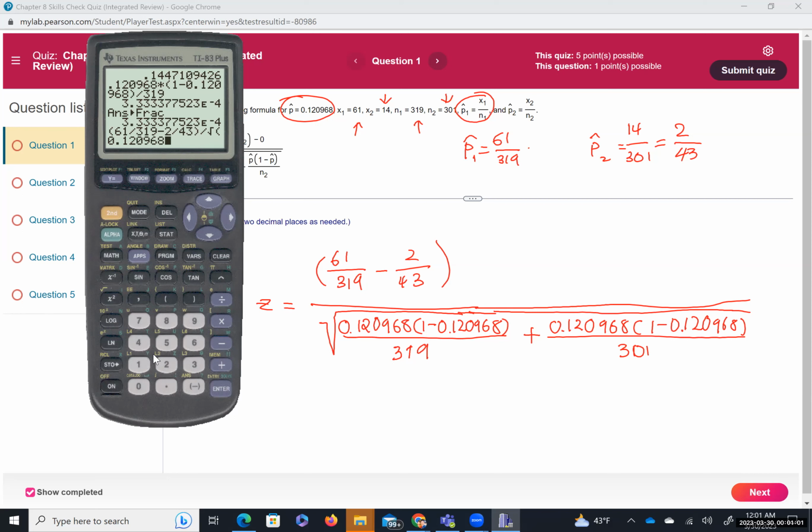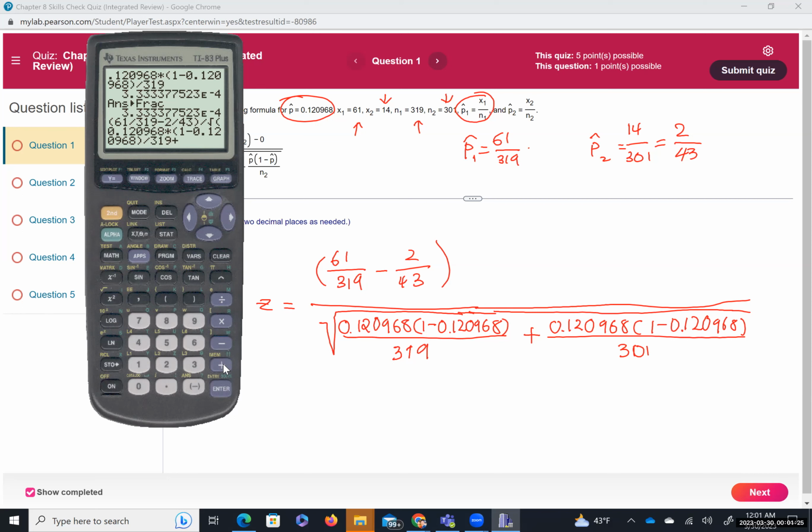0.120968 multiplied by (1 minus 0.120968) divided by 319.